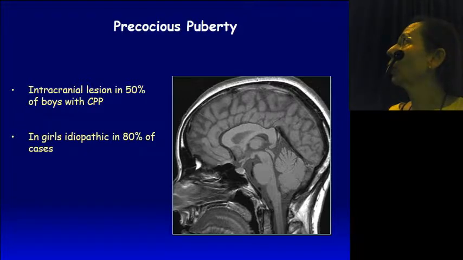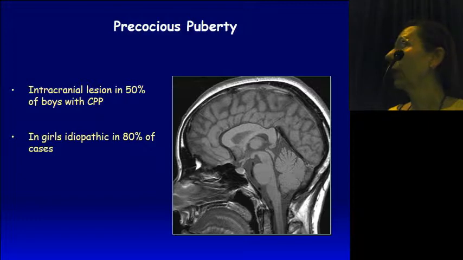Central precocious puberty may be associated, in 50% of cases in boys, with a central lesion, an intracranial lesion. So if you have a boy with precocious puberty, please do an MRI.